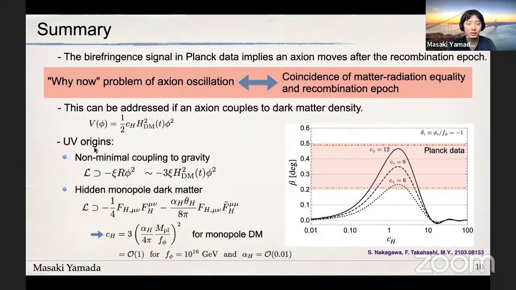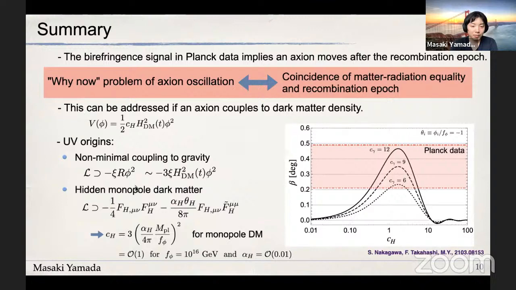So in the second model, we have a monopole dark matter. And the monopole has a self-interaction because we have a U(1) hidden gauge interaction, which is not spontaneously broken. So this kind of dark matter is known as self-interacting dark matter.